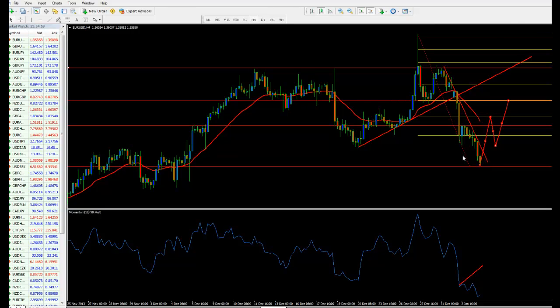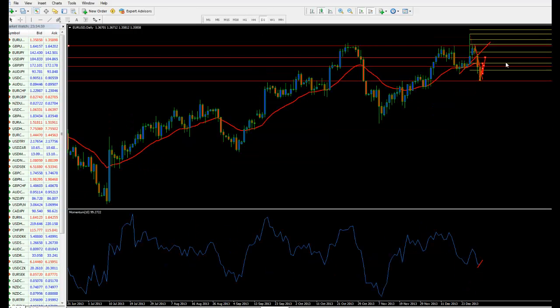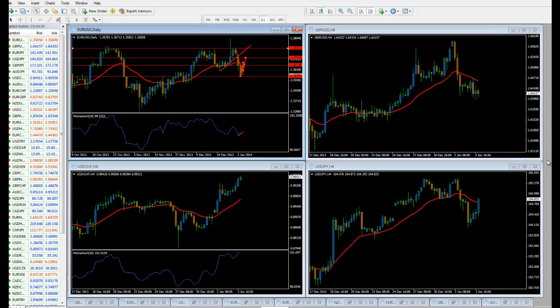The key on this one is if and when we get this retrace, look for a short. That'll be for your longer term. And then we'd expect to, since we've broken this higher low with our move down, expect a retrace when it happens, short, and then we're looking for a continued move down even below this area here. So there's some opportunity on the euro.